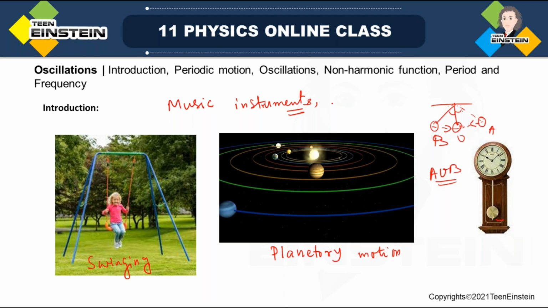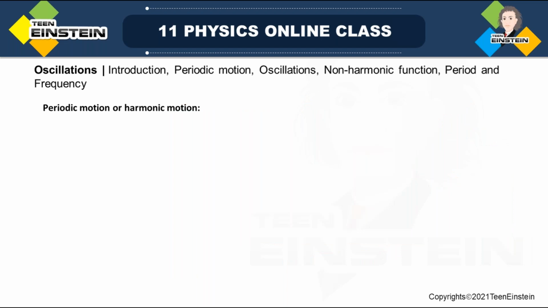Everywhere it is required. You should have good knowledge about oscillations or vibrations to analyze things in our practical life. So that's why it is important to learn oscillatory motions and the various natures of oscillatory or periodic motions.